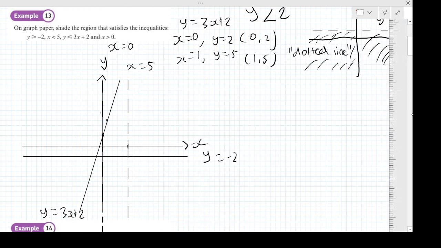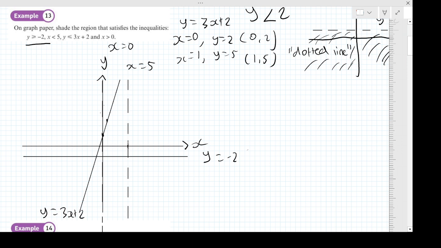Now the last thing we need to do is to work out the region. So we're going to look at each inequality in turn. The first one was y greater than or equal to minus 2. So let's look at our line y equal to minus 2, which is there. We want y to be greater than or equal to, so we want the part of the graph to be above minus 2.